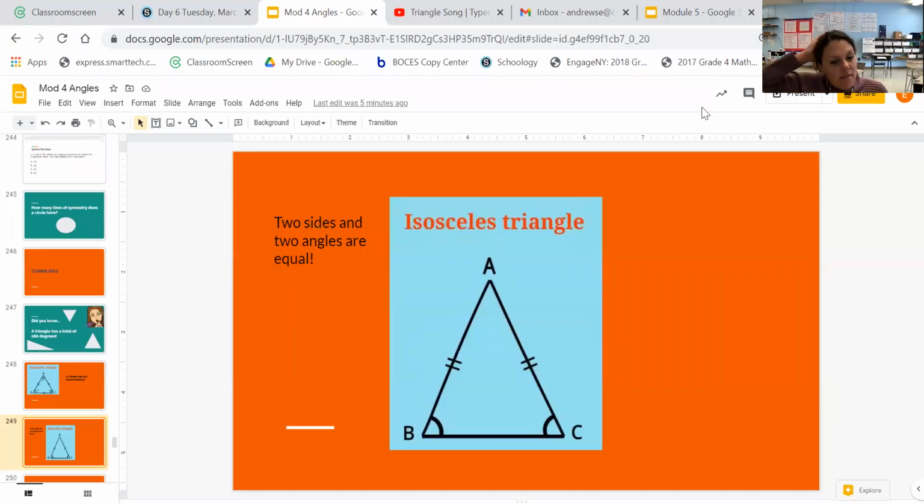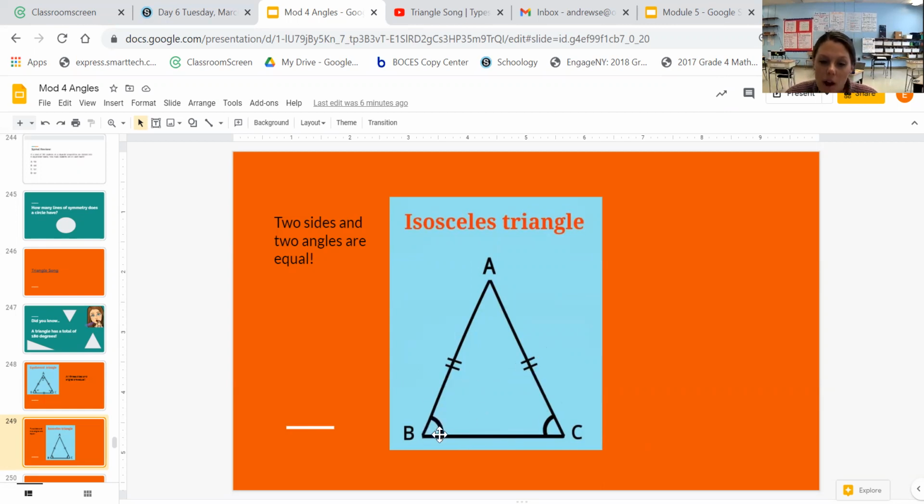Up next, we have the isosceles triangle. Everyone say isosceles. The isosceles triangle has two sides that are equal and two angles that are equal. We know this, we see these tick marks, right? And there's two. This one doesn't have one, meaning it's a different length than the other two sides.